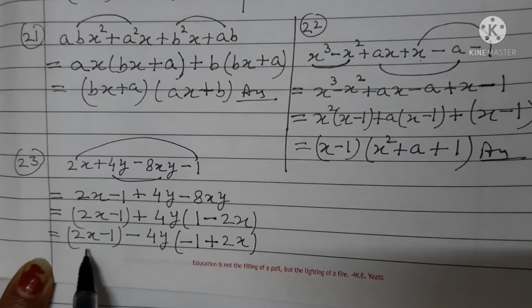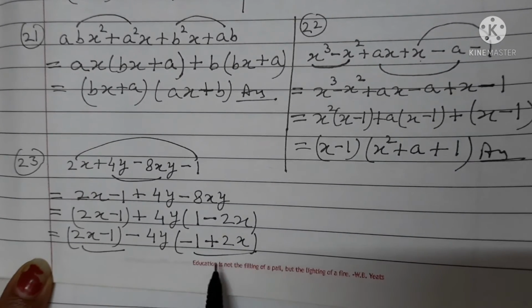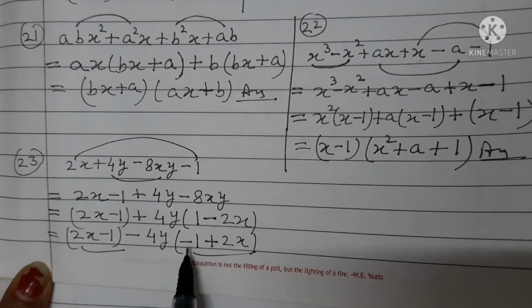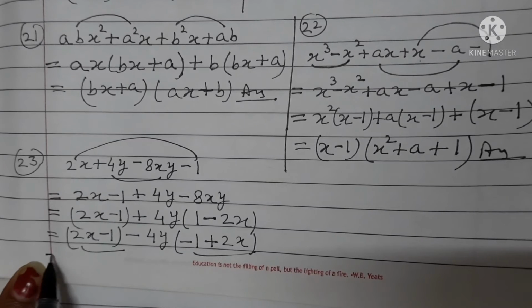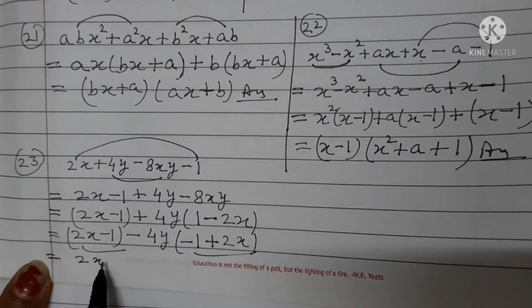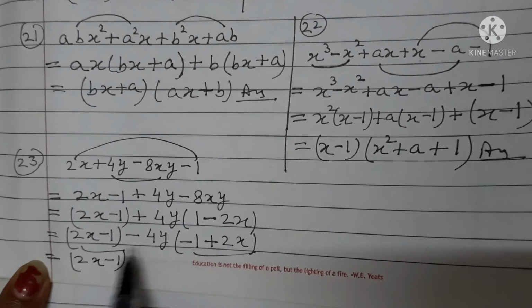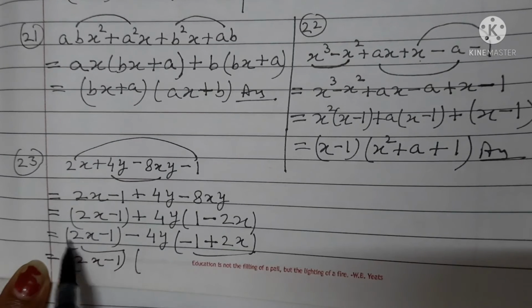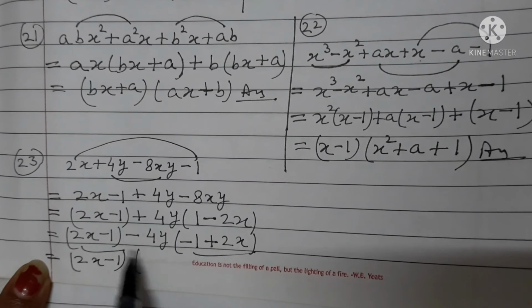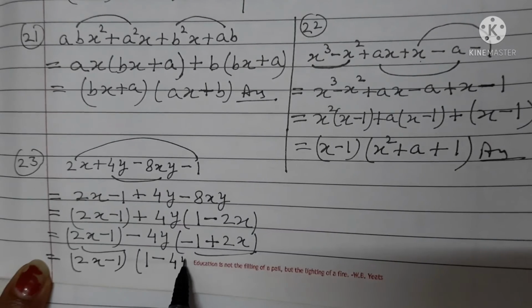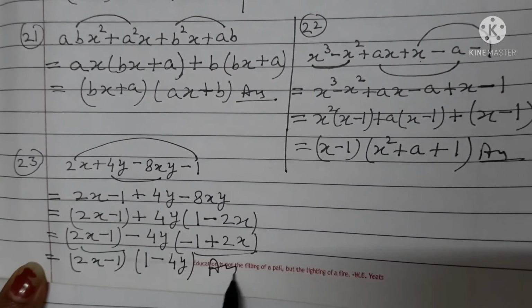Now these two terms are the same, so write 2x - 1 common, and what remains is nothing except 1 minus 4y. This is the answer.